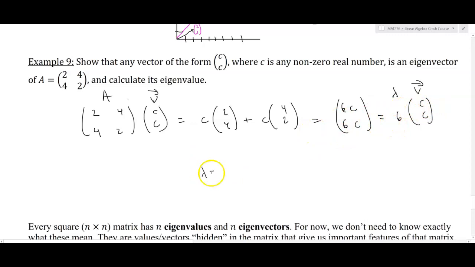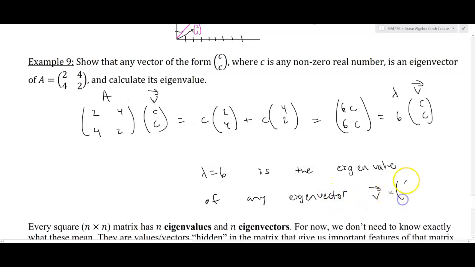So lambda equals 6 is the eigenvalue of any eigenvector v equals c, c.